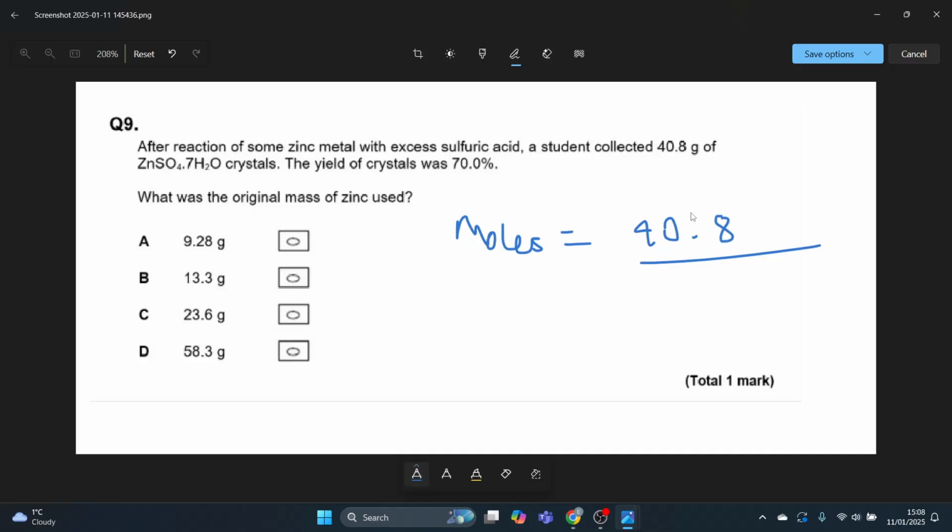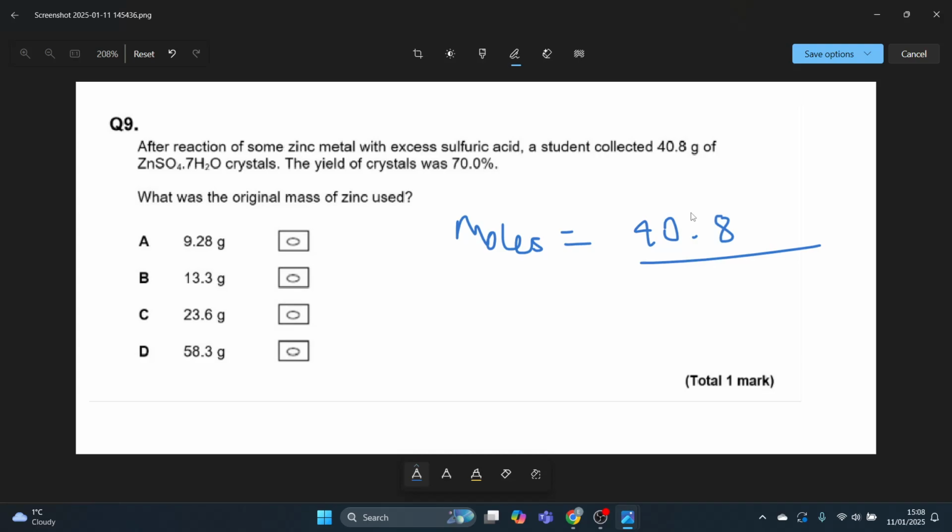So 40.8 divided by 65.4 plus sulfur 32.1 plus 16 plus 16 plus 16, and I've got 7 H2O crystals, plus 2 plus 16.